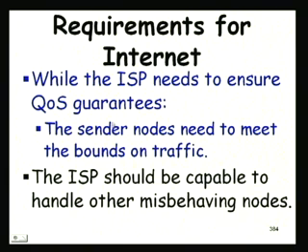And the ISP, once it agrees to the contract, has to try to meet the specified contract, and the sender node on its part, once the contract is signed, will try not to exceed what it had really demanded in the contract.